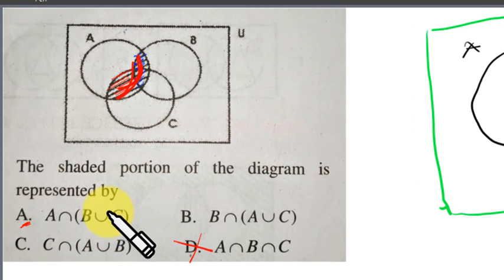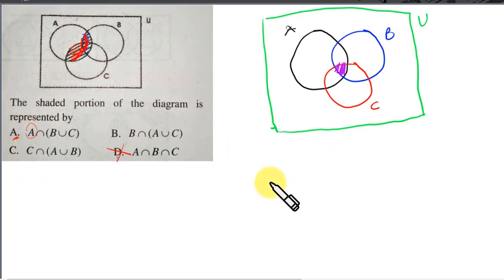Look at it very well, because of all of them, it is only the option A that we have A as a set standing alone, and then intersecting with a composite set that is B union C. Let me show you. Let me try to separate the sets. So I'm trying to do this.